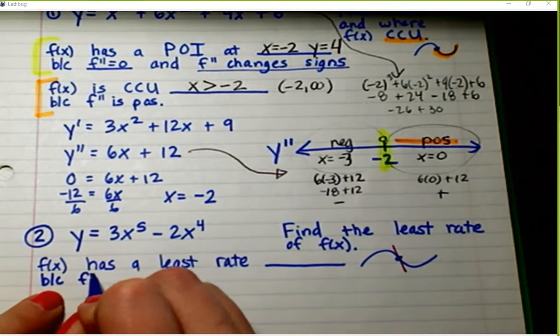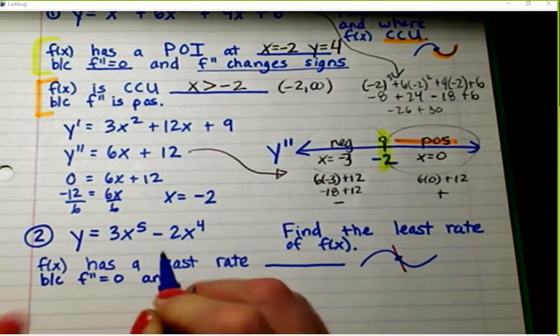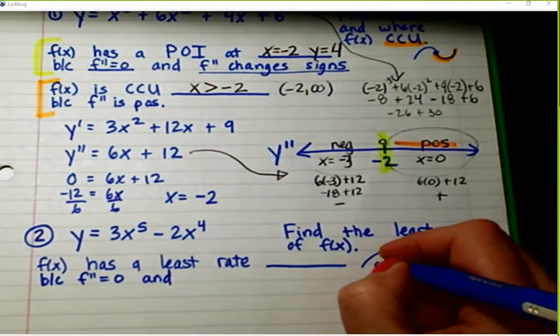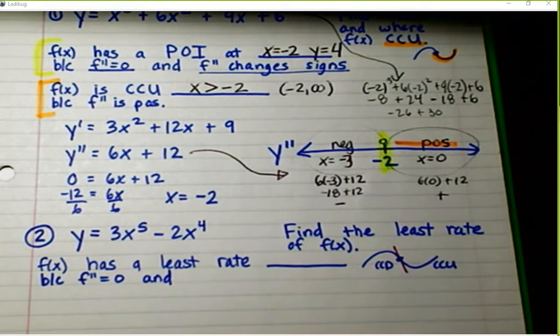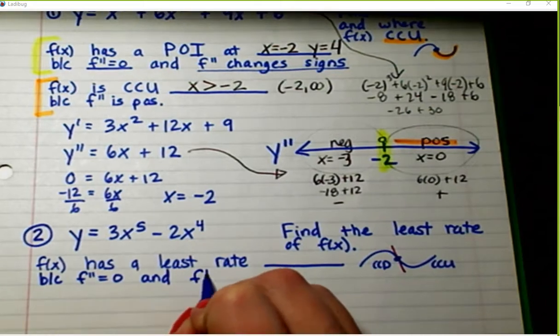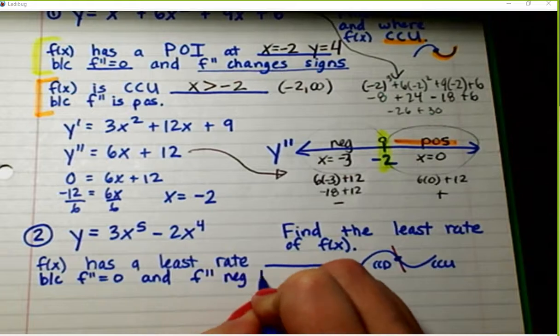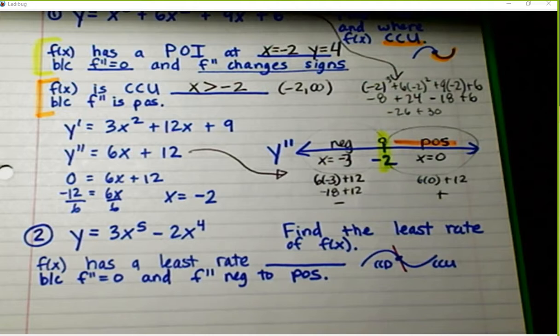So because double prime is 0, and how do I make sure I'm going to get the minimum rate? It's got to go like that. It's got to go down to concave up. So double prime negative to positive.